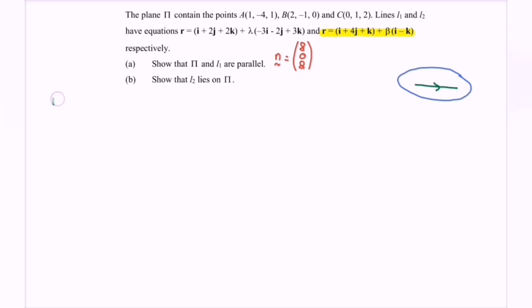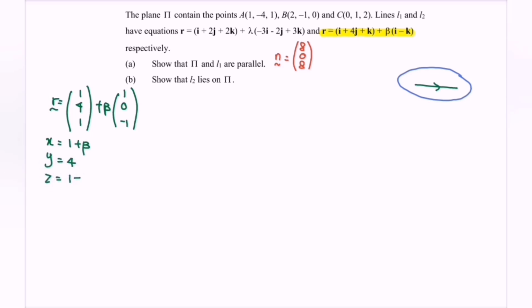So here we have r equals 1, 4, 1, plus beta times 1, 0, negative 1. Kindly express the situation in parametric form. So here we have x equals 1 plus beta, y equals 4 plus 0 beta, z equals 1 minus beta.